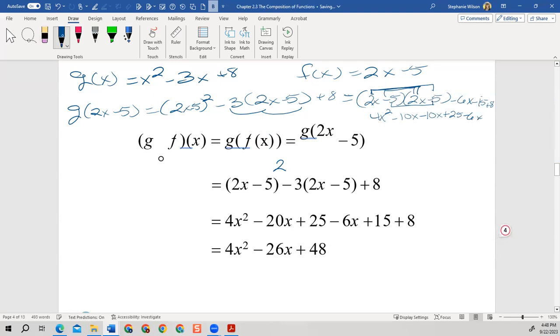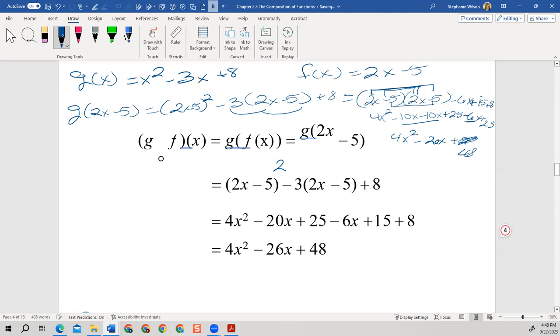And then, oh, let's talk about this: -3 times that -5 should have been a +15. So now I have 15 plus 8 is 23. We're going to put these terms together, which gives me 4x squared minus 26x, and then I have 25 plus 23.